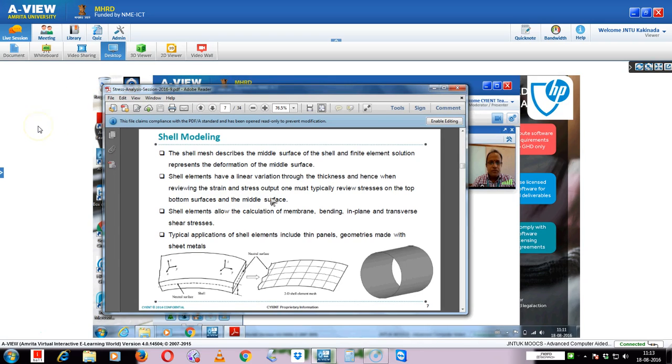When you solve a finite element model with shell elements, the deflections and results will vary across the thickness. Even though we represent shell elements at the mid surface, we assign the thickness of the component.